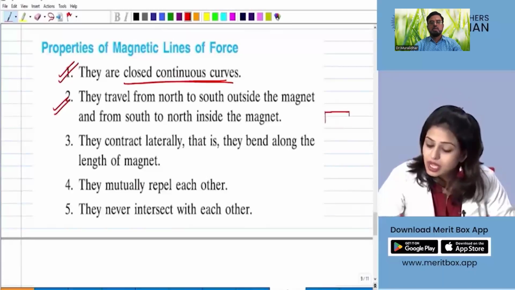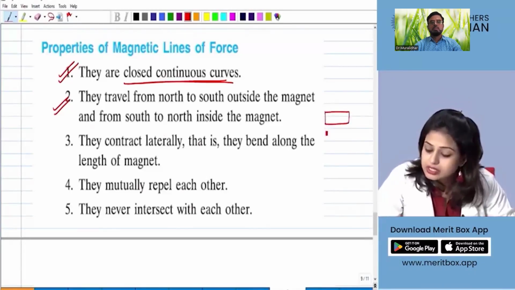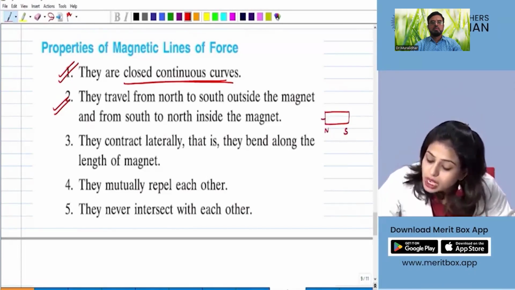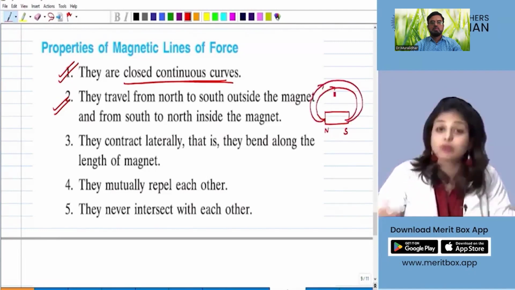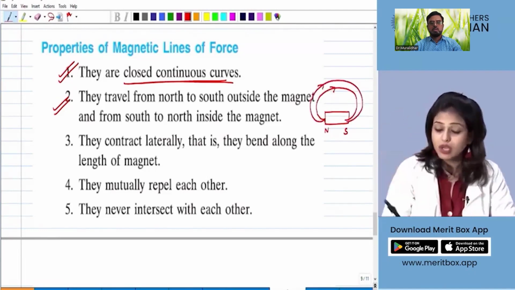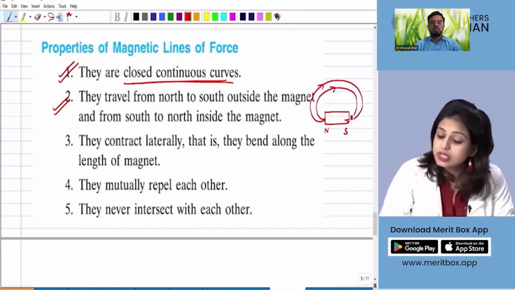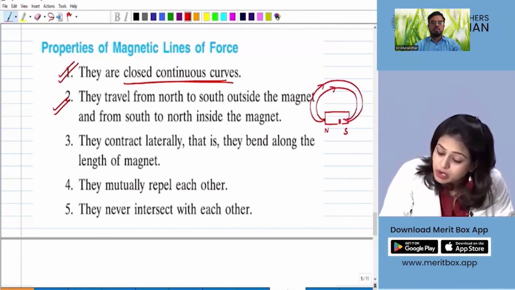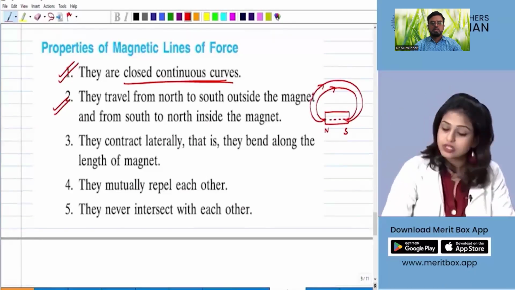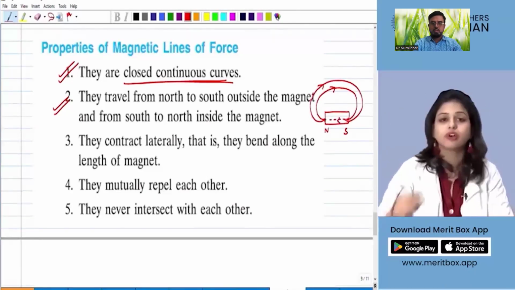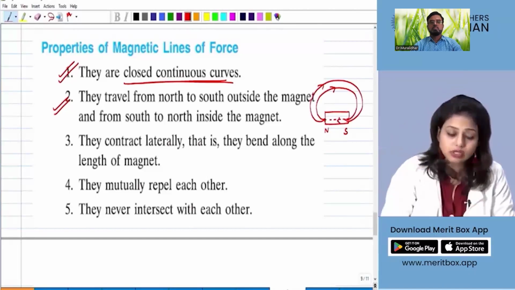That means if I have a magnet here with a north pole and a south pole, the magnetic lines of force come from north to south on the outside. But if they are continuous curves, then the field lines will continue moving inside the magnet also. Right, students? So in this case, they are moving from the south pole to the north pole.